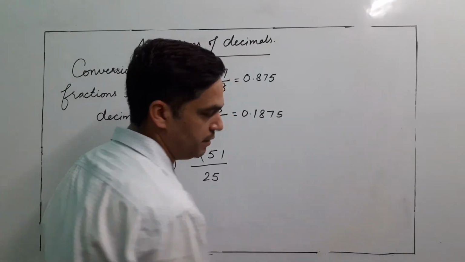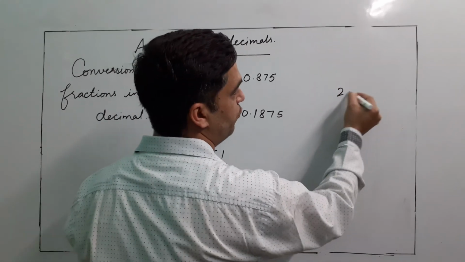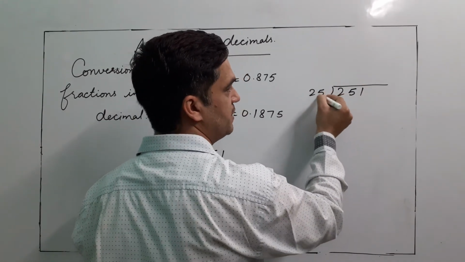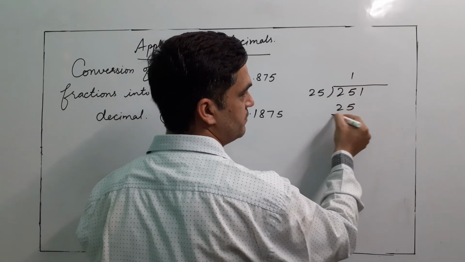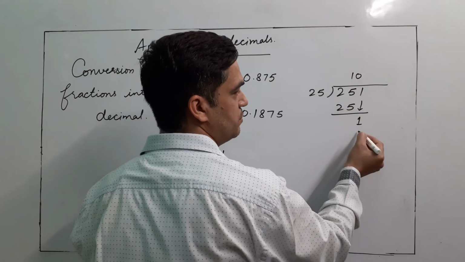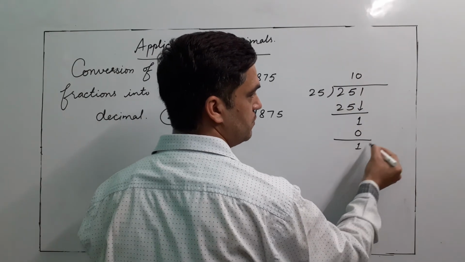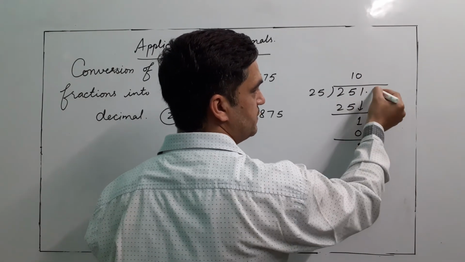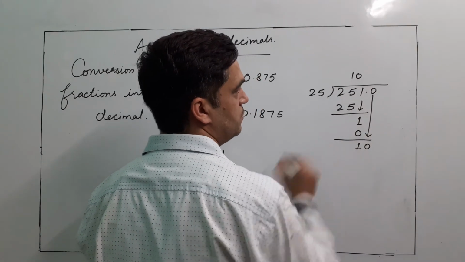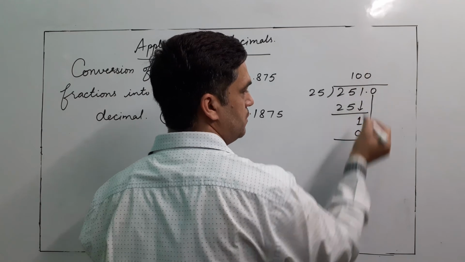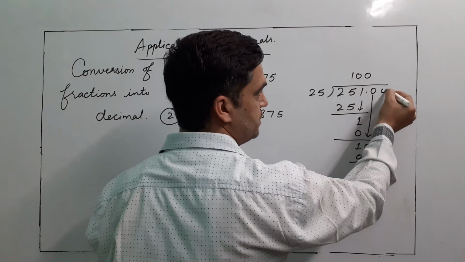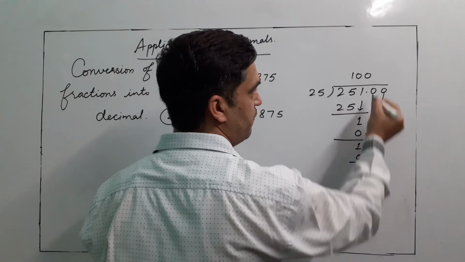One more example. 251 by 25. 25 ones are 25, remainder 1. 25 zeros are 0. Put the decimal here. Take next 0. 10 is also not divisible. 25 zeros are 0. Take next 0. 25 fours are 100.